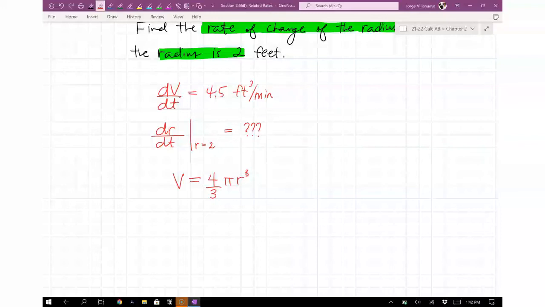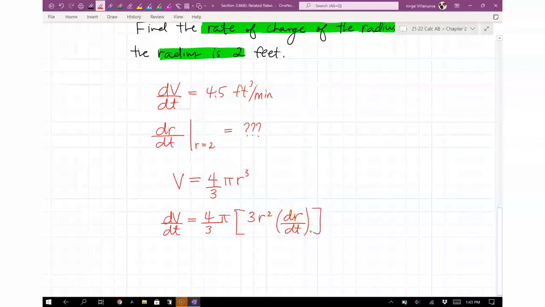So anyway, let's take a derivative. So derivative of V is 1 dV dt equal to 4/3 pi, because that's just a constant. The derivative of r cubed is 3r squared dr dt.